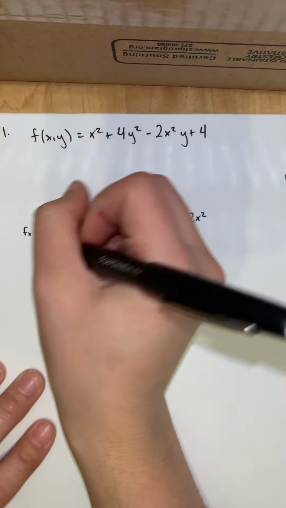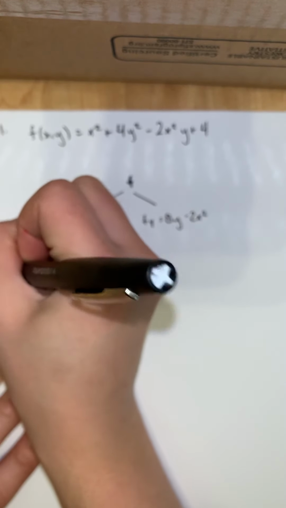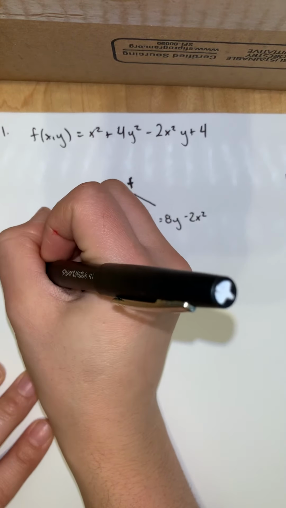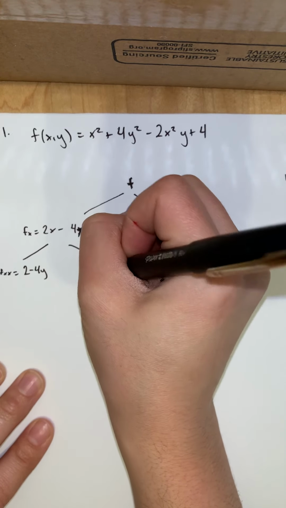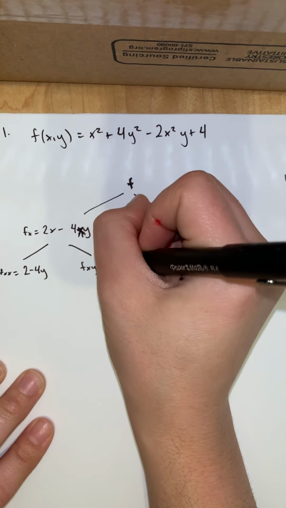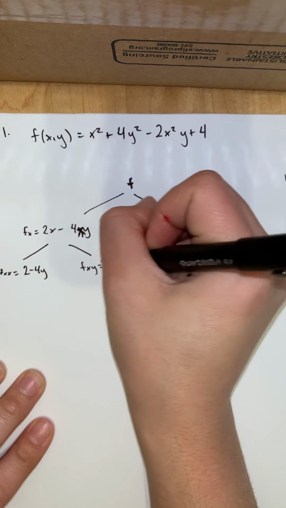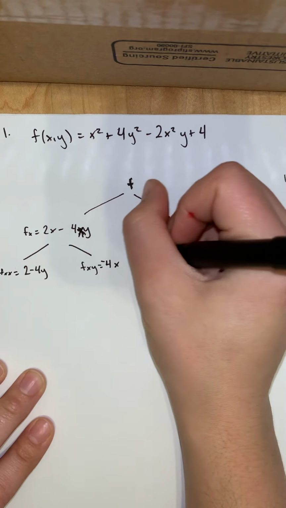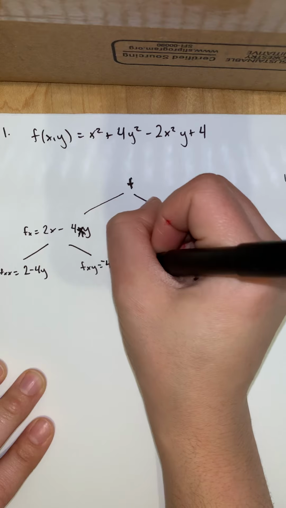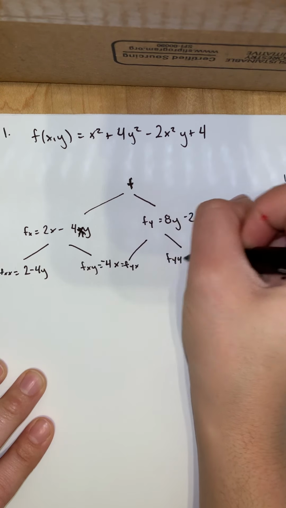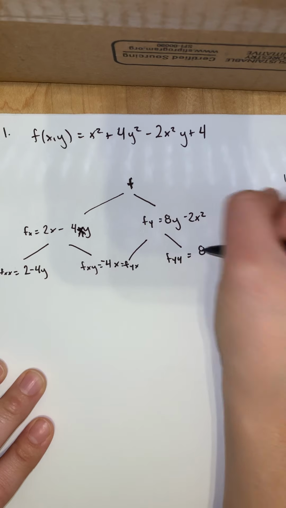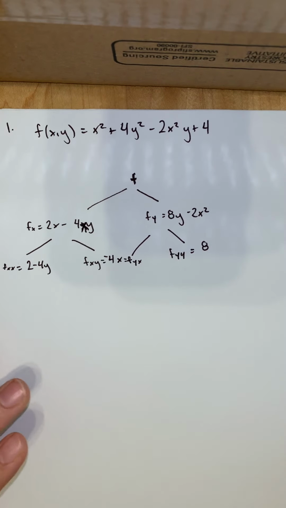While I'm at it taking some partial derivatives, I'll find fxx equals 2 minus 4y, fxy equals negative 4x, which is again equal to fyx, and fyy is going to equal 8. Okay, so I found all of my partial derivatives. Hooray.